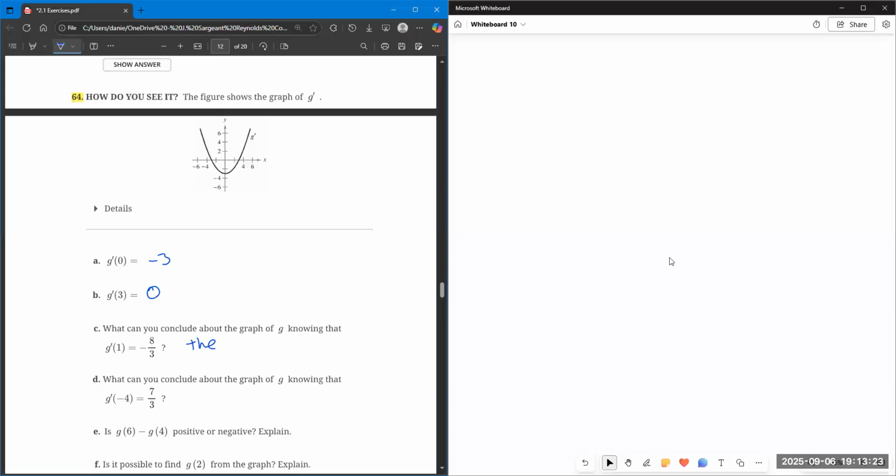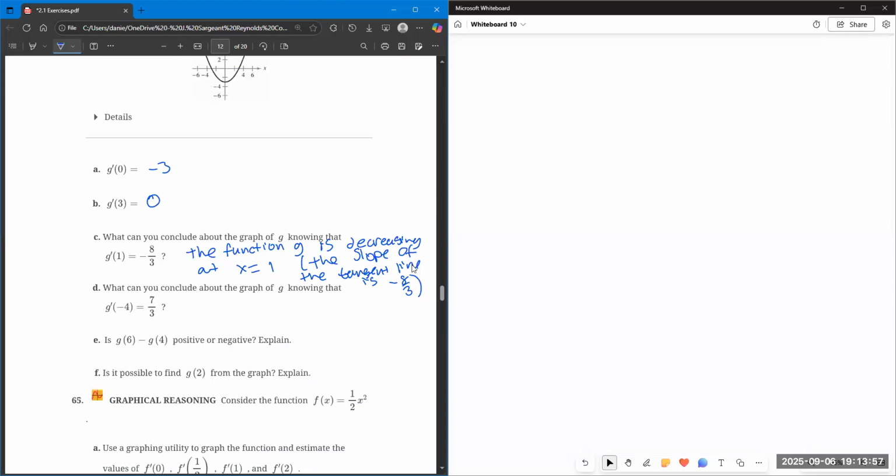The function g is decreasing at x equals 1, the slope of the tangent line is -8/3, right? So what can you conclude about the graph of g, knowing that g prime of -4 is 7/3?